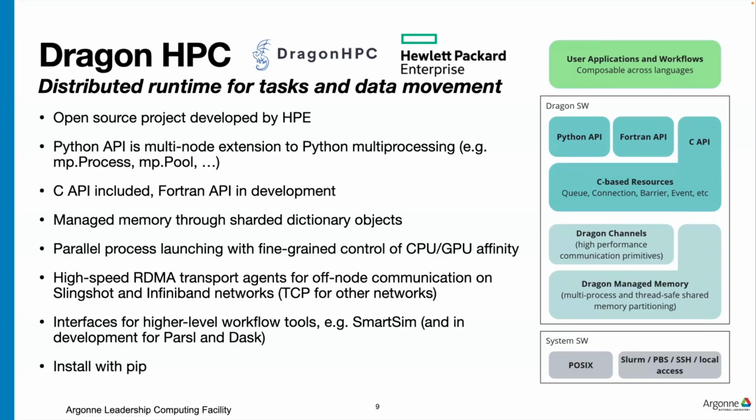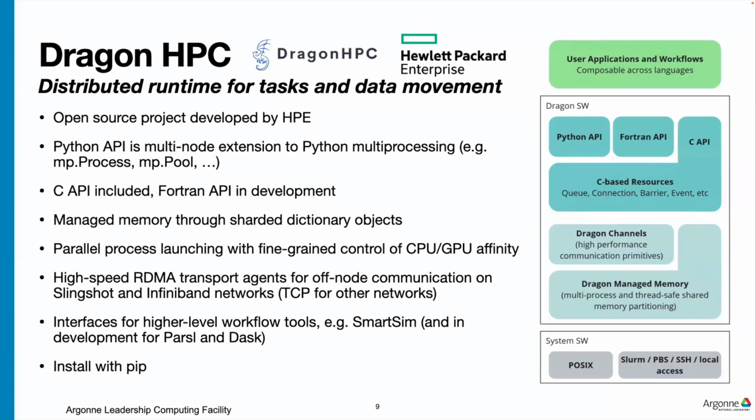This is developed by HPE, Hewlett Packard Enterprise, which is formerly known as Cray. They are the integrator for both Polaris and Aurora. They developed the Slingshot software, how the nodes are networked on these machines and how they communicate.